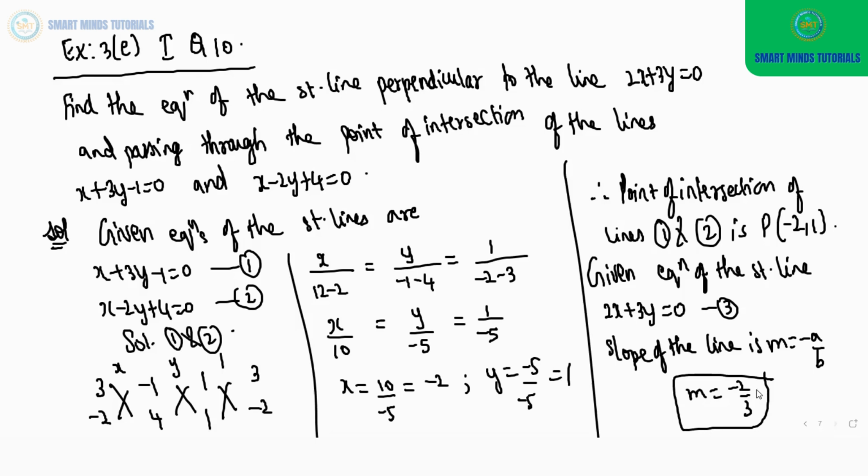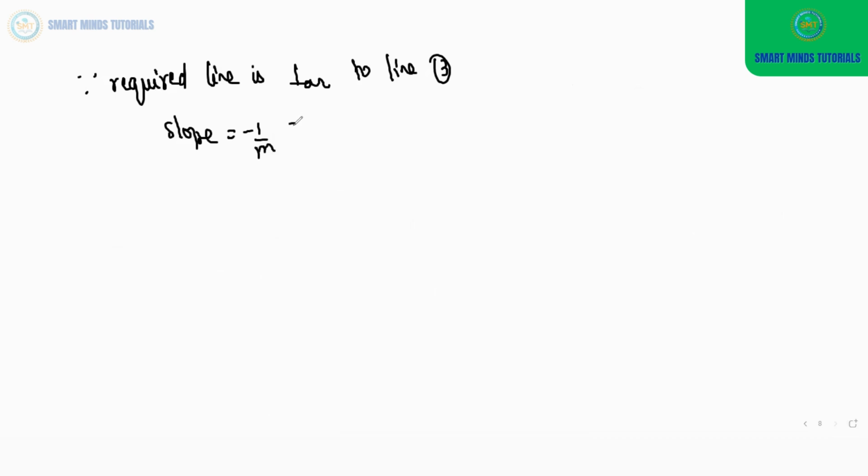So you got the slope over here. Now, since the required line is perpendicular to line 3, the perpendicular slope will be minus 1 by m. Already we got the m value as minus 2 by 3. Minus minus cancel. If I take 2 by 3 up, it becomes 3 by 2.